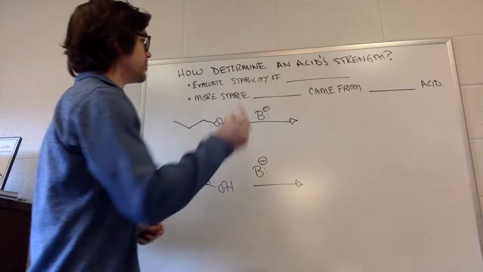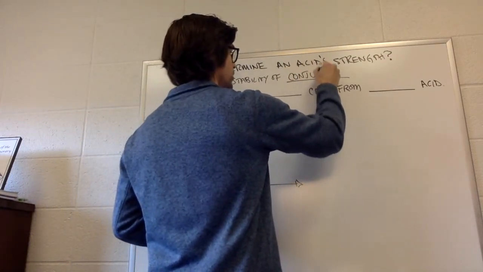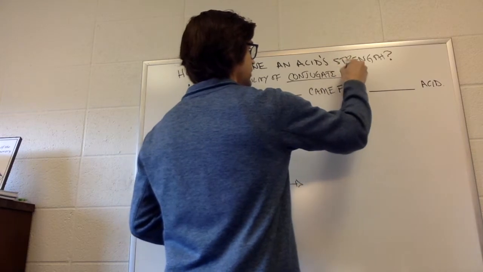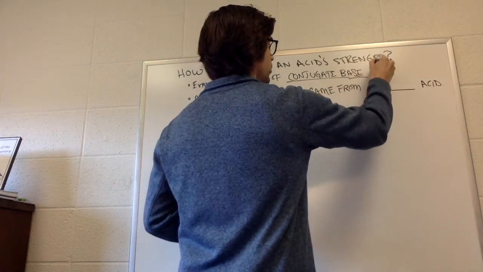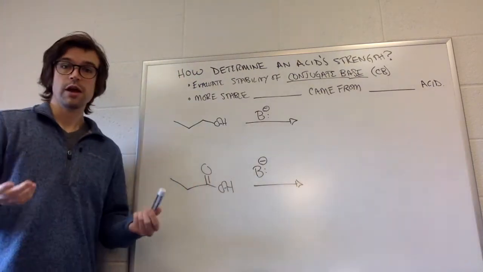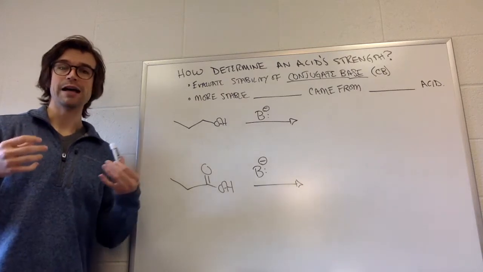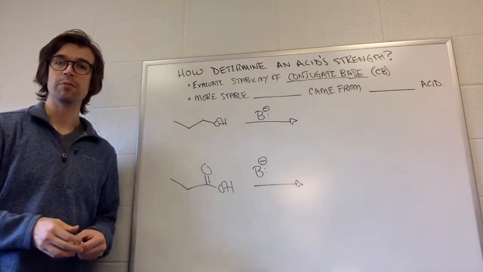So how do we determine acid strength? We evaluate the stability of the conjugate base, and we'll just call that the CB. If we have a more stable conjugate base, that means that the acid was more willing to give up a proton.